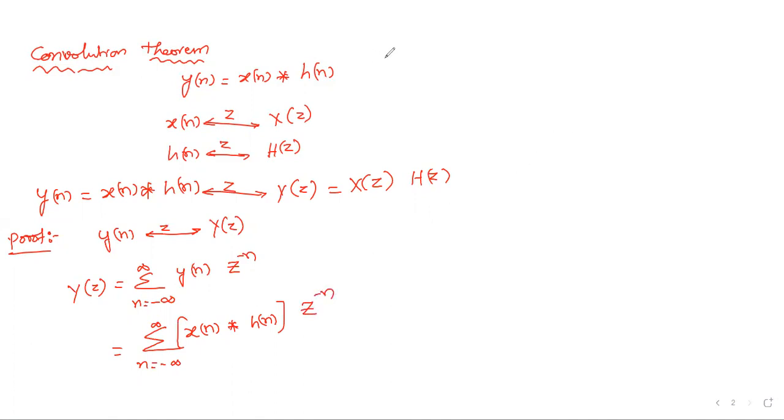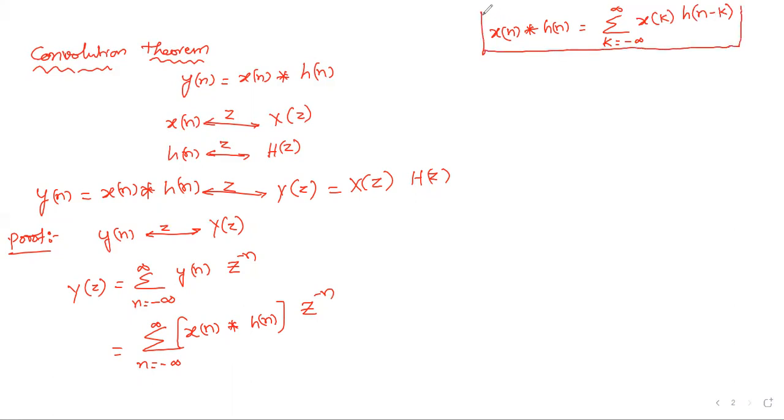Now, according to the definition of convolution, x of n convolution h of n is equal to summation k equal to minus infinity to infinity x of k h of n minus k. So this is the expansion of the convolution, right?